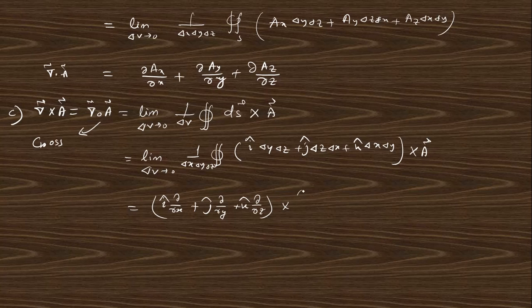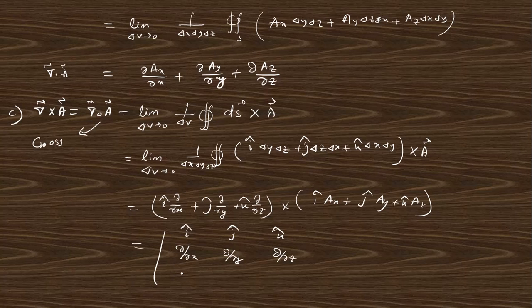A vector is nothing but i cap ax plus j cap ay plus k cap az. Just take the cross product of these two, you can get i cap, j cap, k cap, del by del x, del by del y, del by del z, and ax, ay, az. This is the curl of any vector in the Cartesian coordinate.